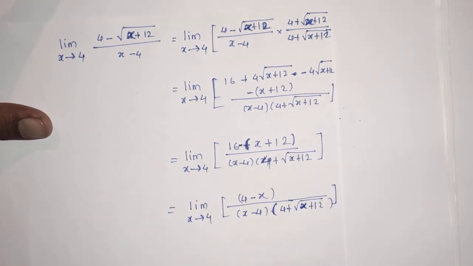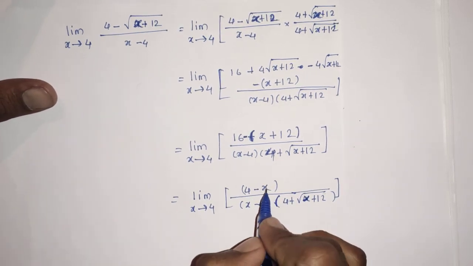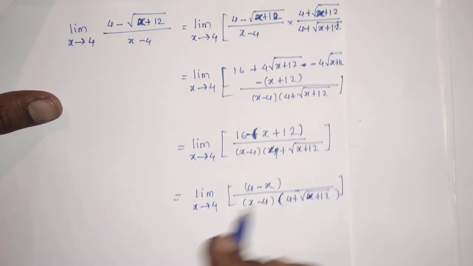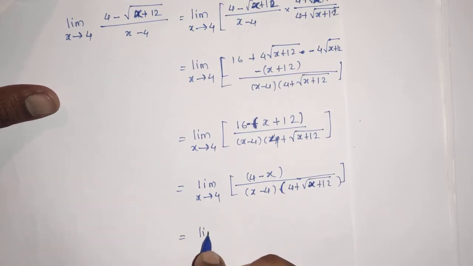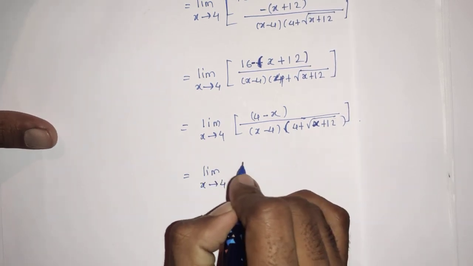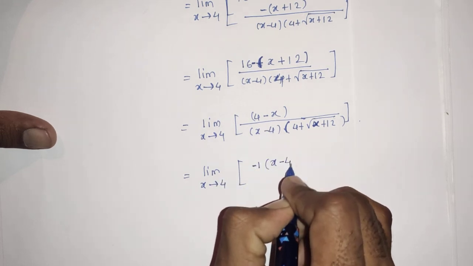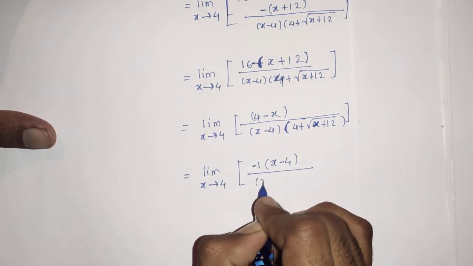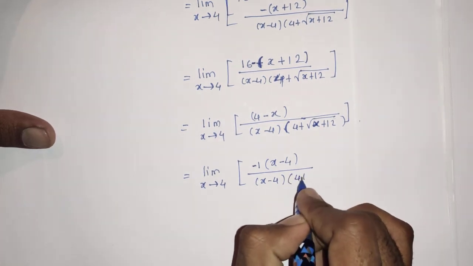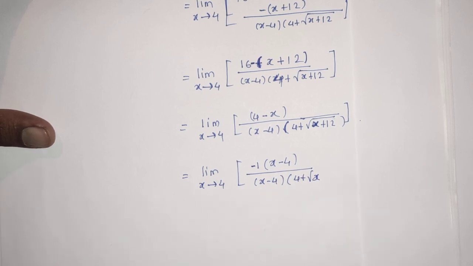Now here if we take minus sign common, then it will become x minus 4. So x minus 4 gets cancelled, so the remaining terms are minus 1 upon this term. So here limit x tends to 4, if we take minus 1 common, then this will become x minus 4 divided by x minus 4 into 4 plus square root of x plus 12.